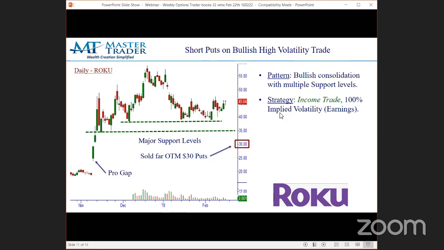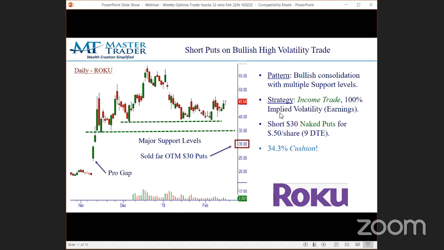This had 100% implied volatility because we knew that we were selling an option where the expiration was after earnings. But check this out. The stock's trading at $45 and change. We sold the $30 puts, $15 away. So 9 days to expiration, that's our 10 or less.